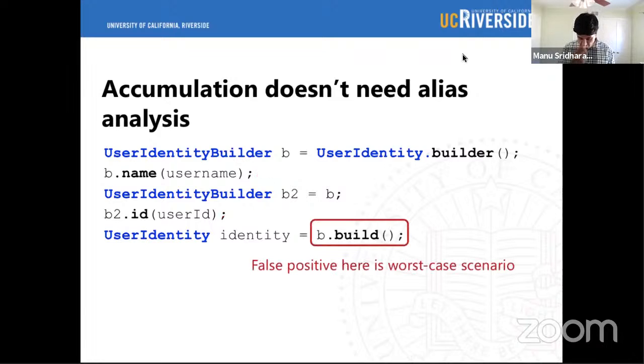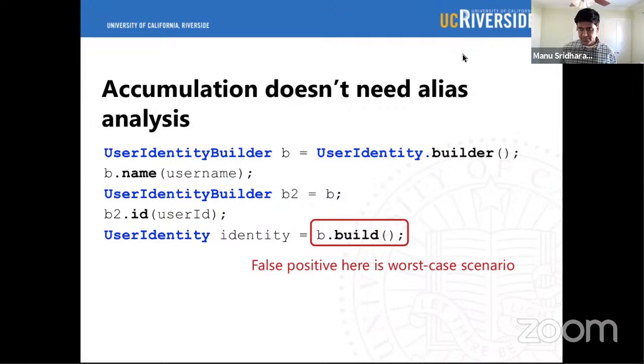Well, the worst case here actually is that we get a false positive. If you don't track the aliasing, your tool will think that ID was never invoked. But in the case of accumulation properties, that just means that you might think that a legal operation is in fact illegal, which leads to a false positive, but it does not lead to unsoundness.